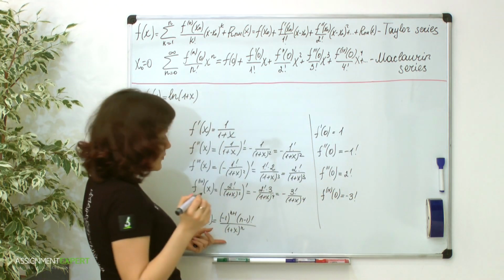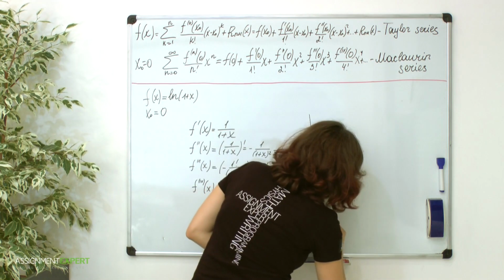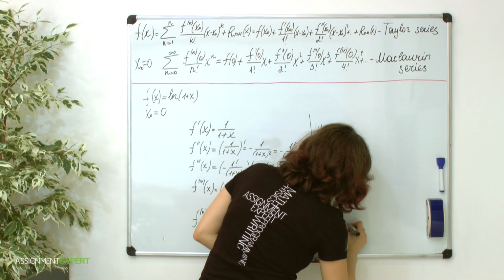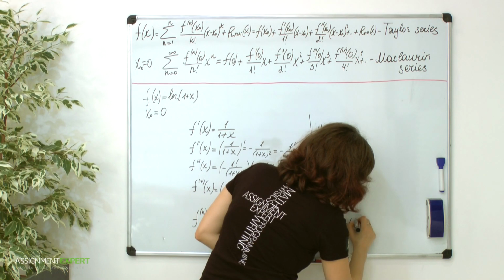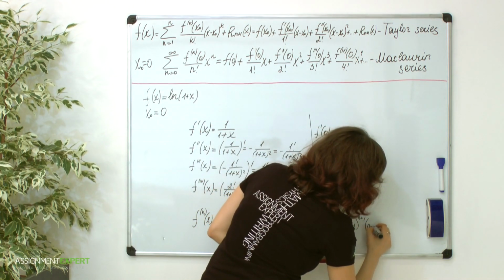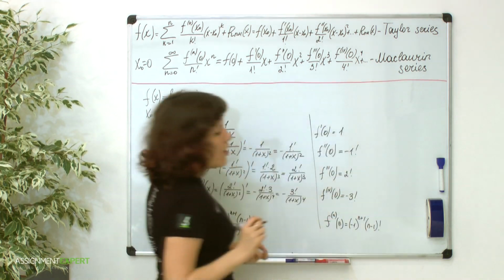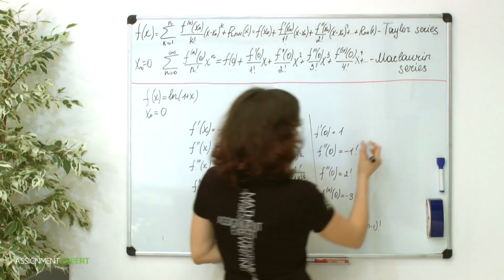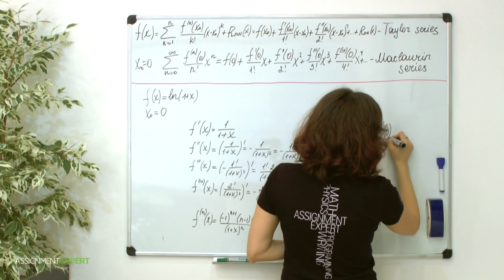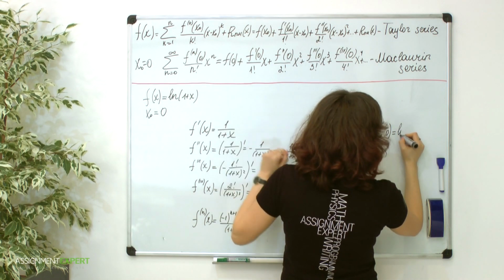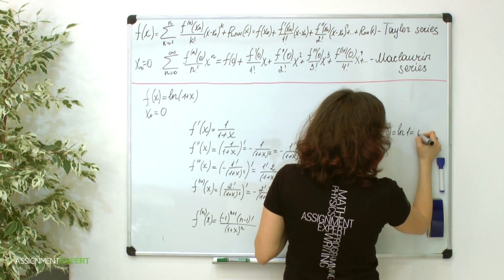And in general form, we get the nth derivative of f at 0 equals minus 1 raised to the power n plus 1 times n minus 1 factorial. Also, we need the value of our function at the point 0. f of 0 equals ln of 1 equals 0.